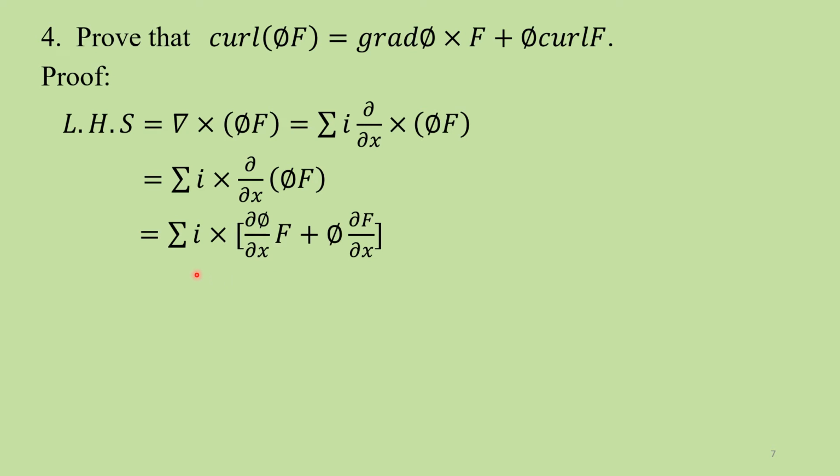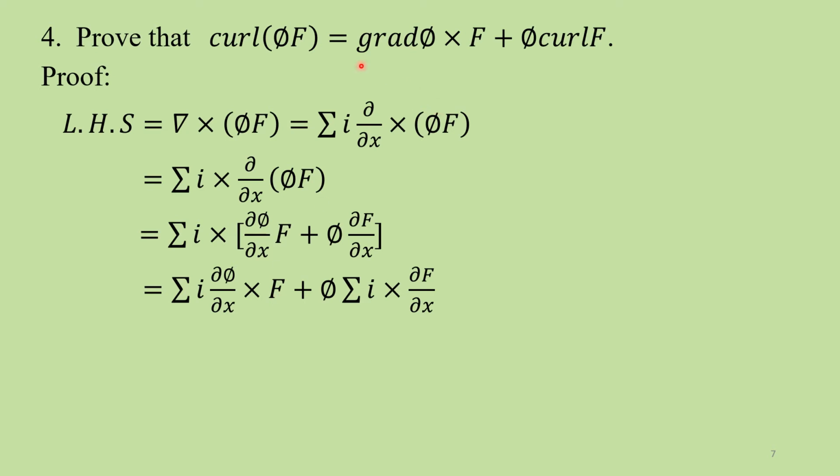Now split this summation. This gives two summations. One is summation i cross dou phi by dou x into f, which I write as summation i dou phi by dou x cross f.